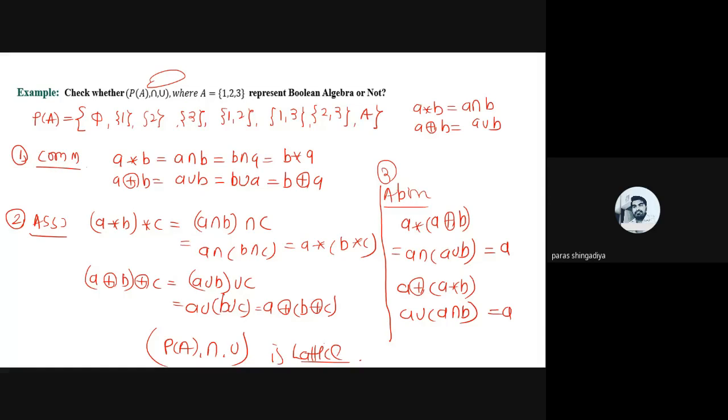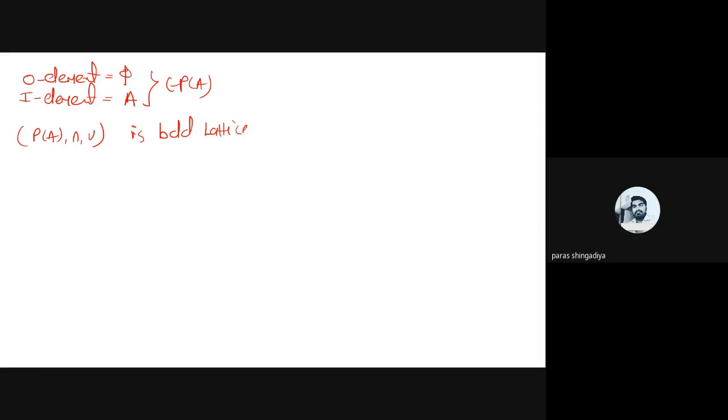Okay, first entry phi is a subset of all the remaining entries, and A will be the I element because all entries are subsets of A. So 0 element is equal to phi, that is a part of P of A, and the I element is equal to capital A. Both belong to P of A, and therefore we can say that P of A with intersection and union is a bounded lattice. Clear?